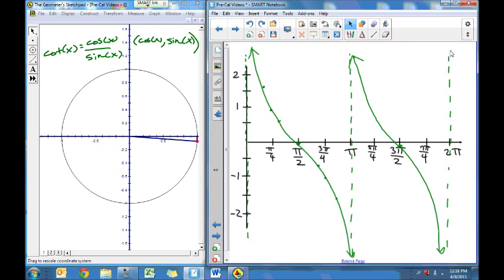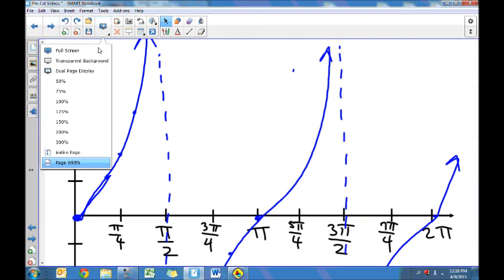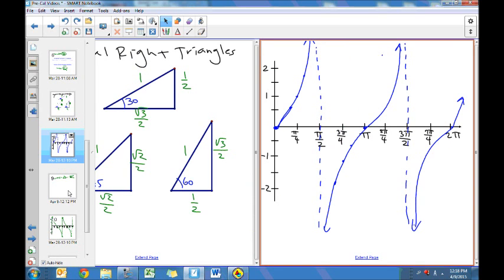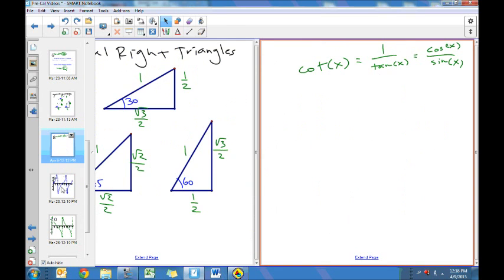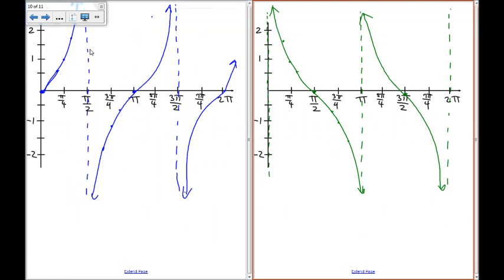Let's compare these two real quick. I'm going to move this out of the way. Okay.